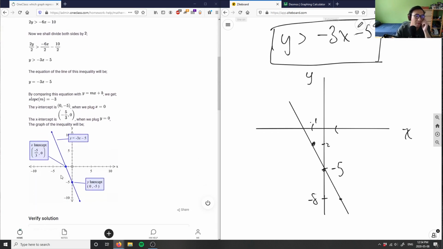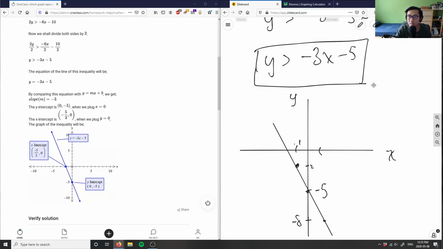Now as you can see, this here is an inequality. We could solve for the x-intercept as well if I wanted to be a little more concise, by simply plugging in 0 and solving for the x-intercept. So I can do that for you. Plug in 0, I would get negative 3x minus 5, and x here would equal negative 5 over 3, right?